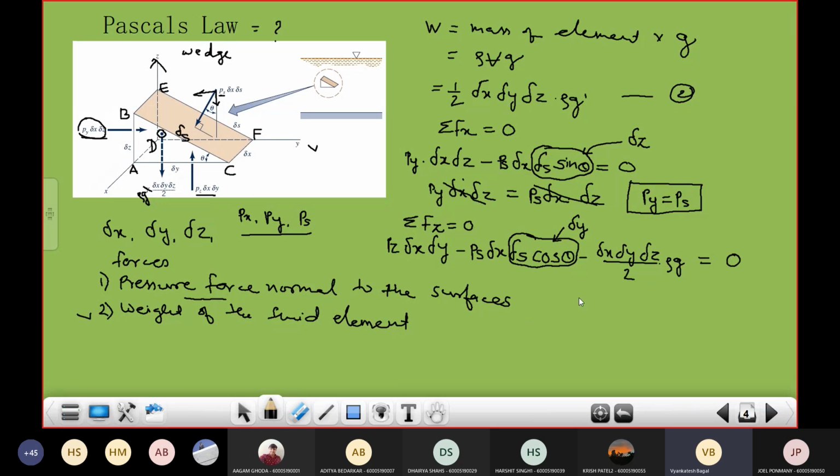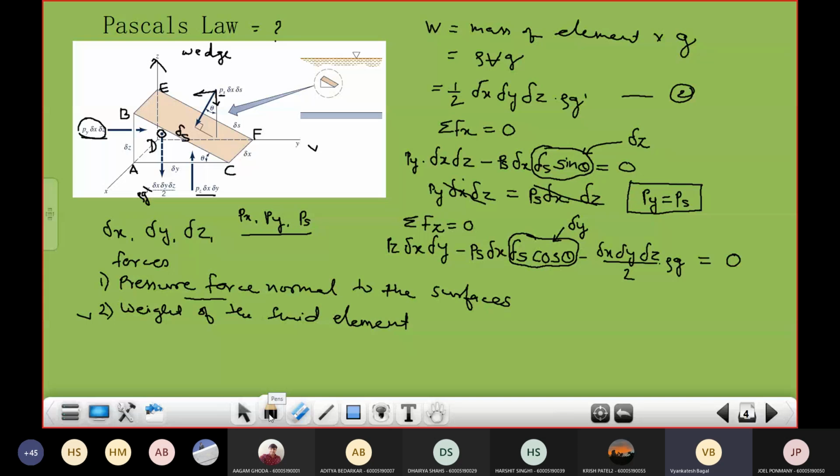And also one more thing you should remember. See, what we mean by fluid element or fluid particle. Now you should invoke the definition of fluid particle. The definition of fluid particle is it has a definite mass, but its dimensions are negligible. You are getting my point or not? It means these dimensions delta x, delta y, delta z are very, very small.